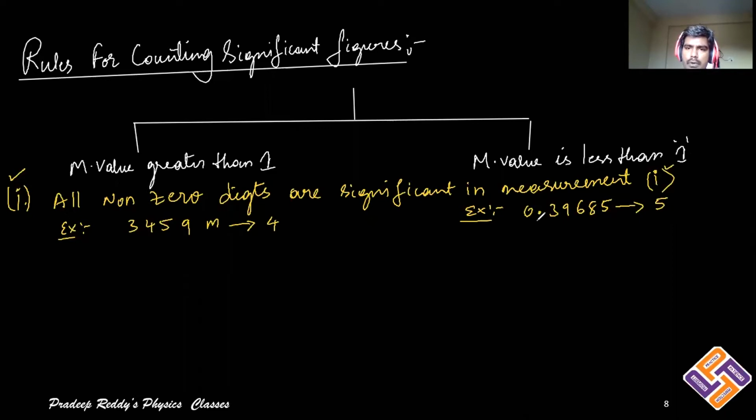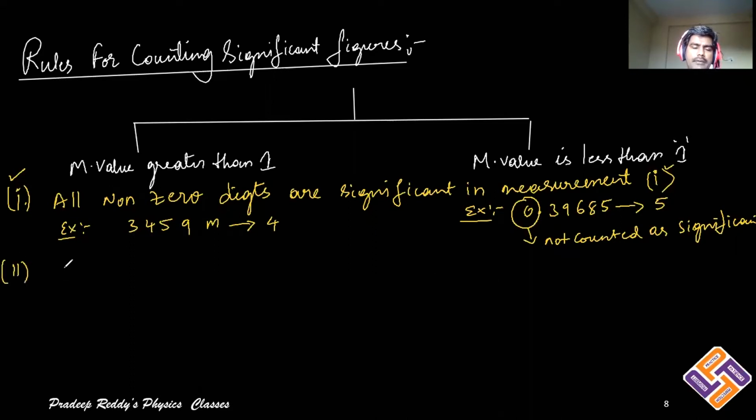This 0 is not counted as significant when you are measuring a value less than 1, right? That's number 1: all non-zero digits are significant in a measurement.